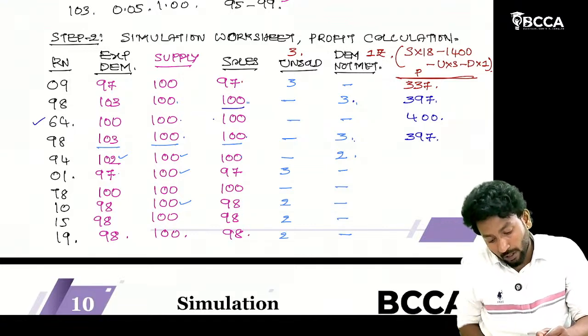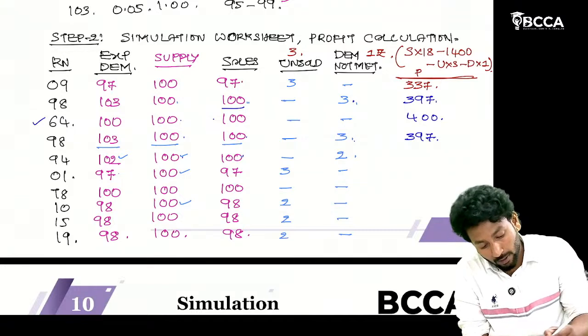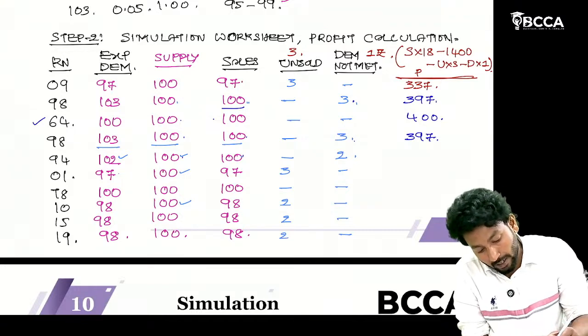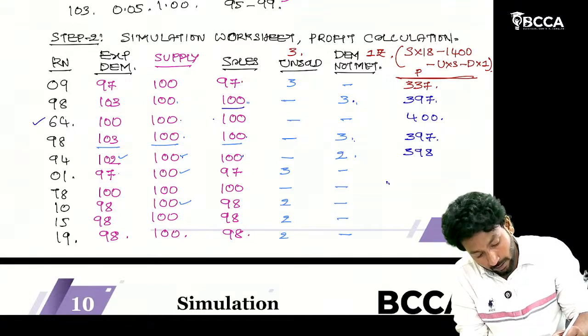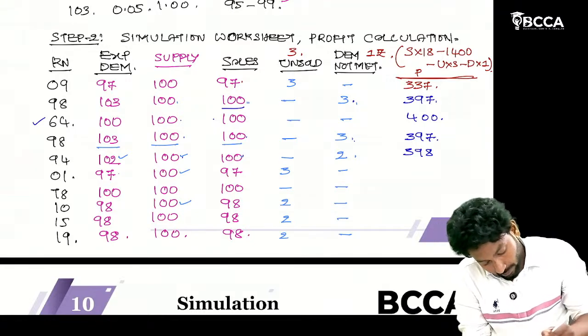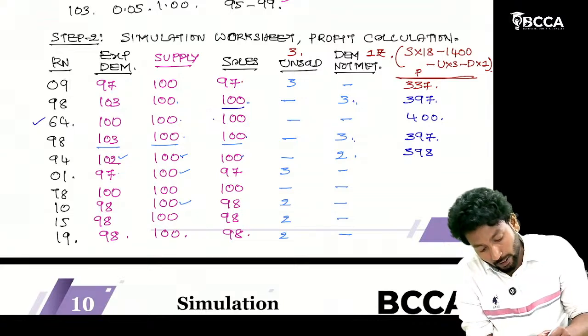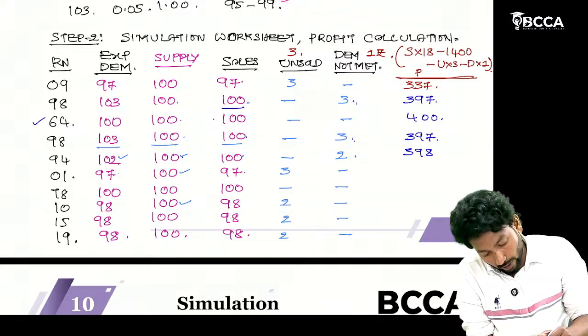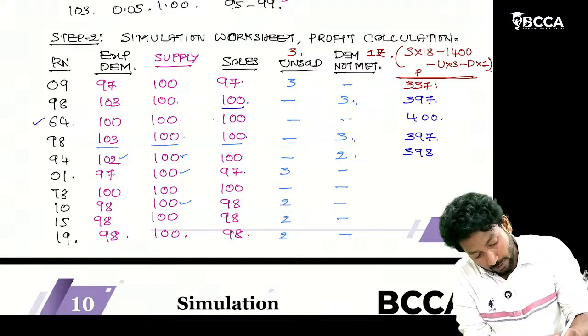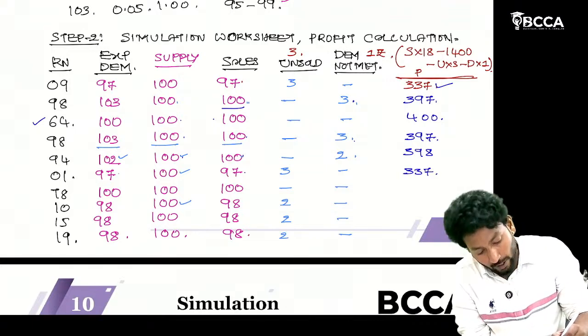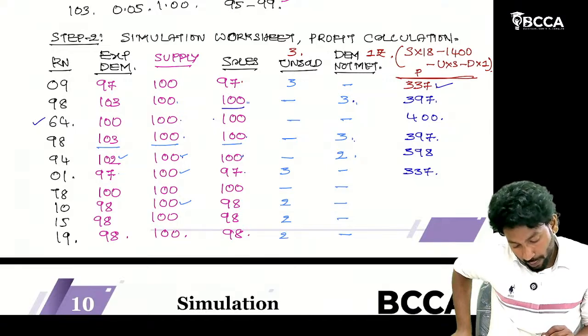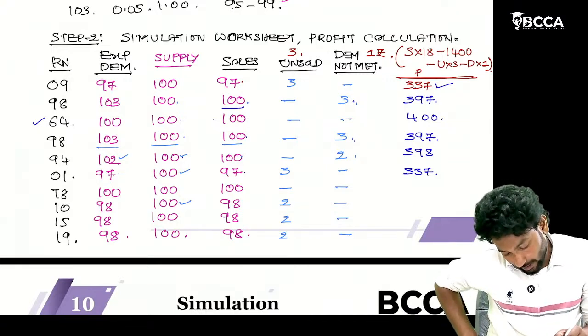Next one, produced 100, sold 100, 400 gross profit, minus 2, 398. 97 into 18 we have already calculated, so for the first one, 337. Next one, 100, 100, 100.